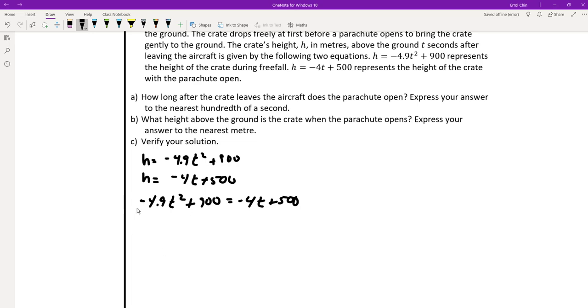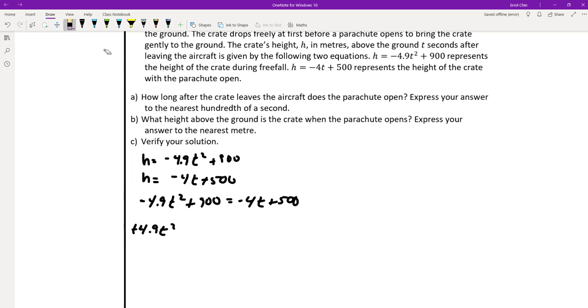And so rearranging this becomes negative 4.9t squared plus, you know what, let me just erase that.